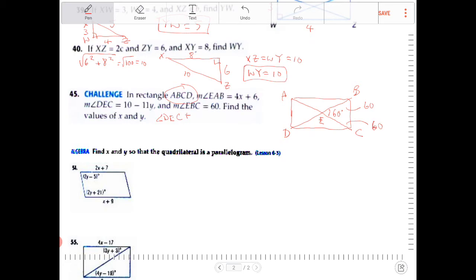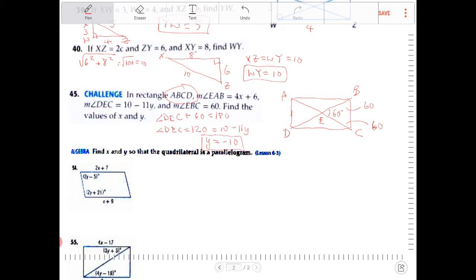So DEC plus 60 should equal 180, or in other words, DEC is equal to 120. And since DEC is equal to 120, we can then solve for what y is, since this is equal to 10 minus 11y. If I subtract both sides by 10 and then divide by negative 11, I end up with y is equal to negative 10. So y is equal to negative 10.